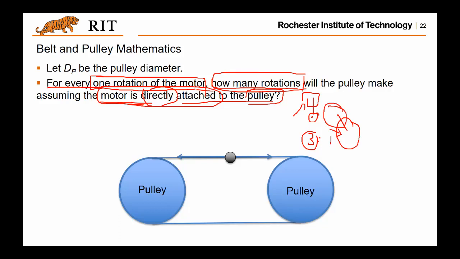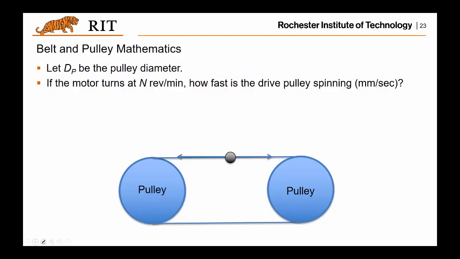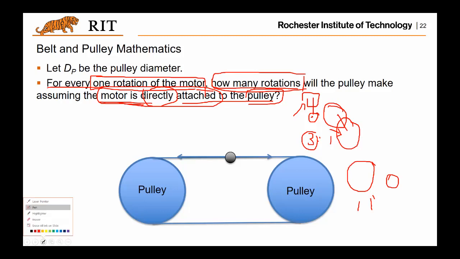Also, there could be some other cases. It's a 1 to 3 gear system. Just 1 second, let me write it up. 1 to 3. That means this revolves 1 turn, this will revolve 3.